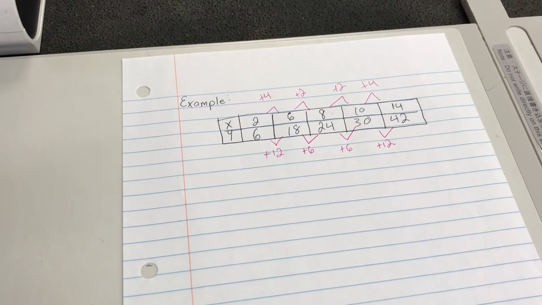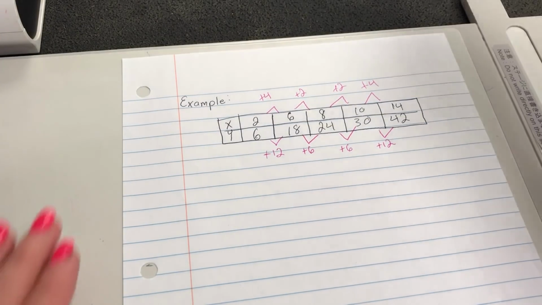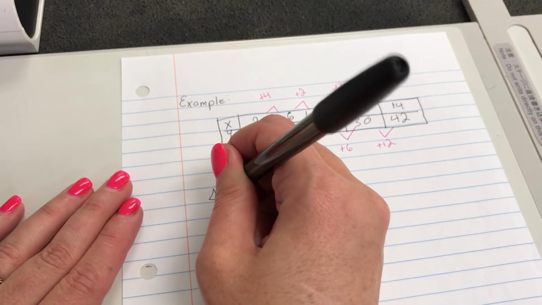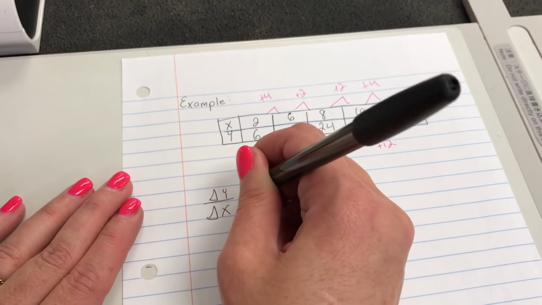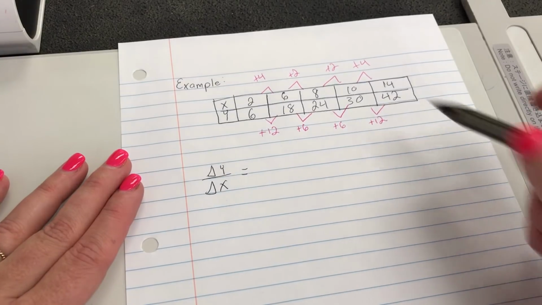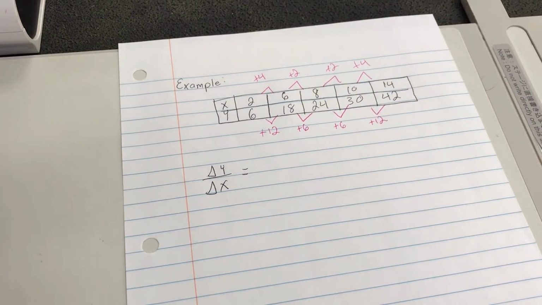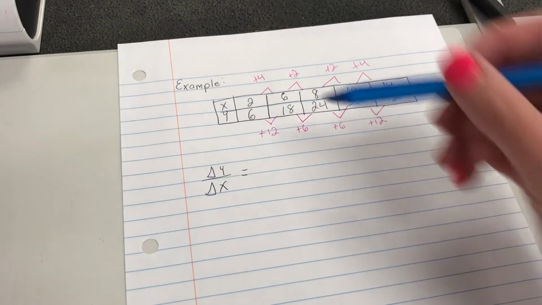So now we're going to write the change as a ratio of y over x for each interval. So now we are going to write the change in y over the change in x. And you don't have to circle these. Here, let me write it in blue. What I write in blue, you do not have to write on your notes.